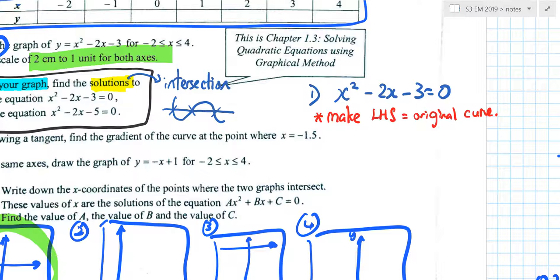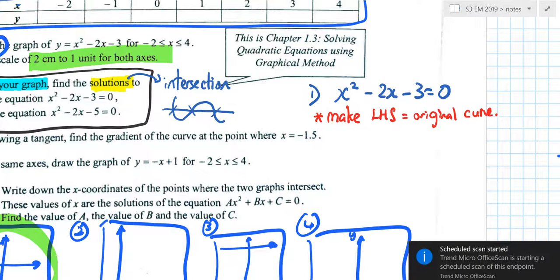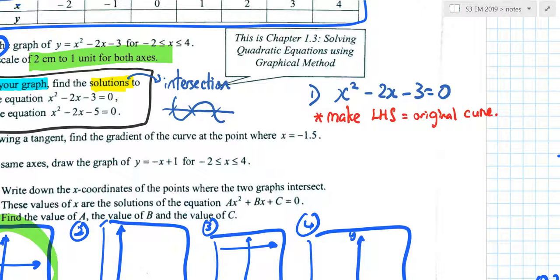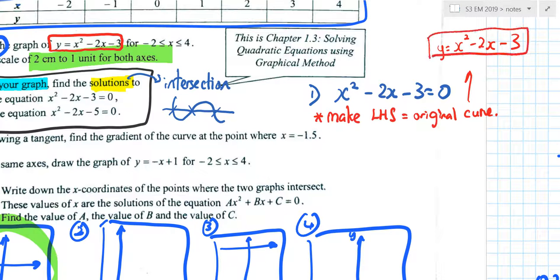Can you help me to decide which one? y equals x squared? This is the original curve, right? Now my original curve refers to y equals x squared minus 2x minus 3. This is the original curve.